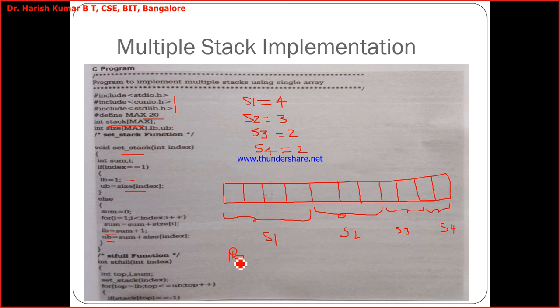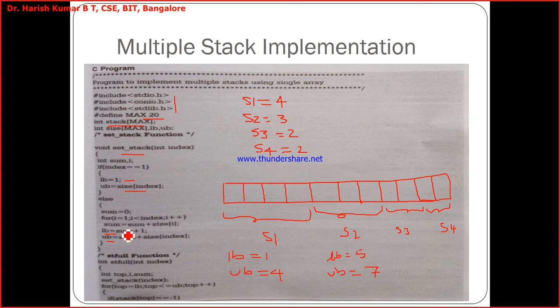LB for S1 is equal to 1, and UB, upper bound for S1, is equal to 1, 2, 3, 4, and similarly LB, lower bound for S2, is equal to 5, and upper bound for S2 is 5, 6, 7. So like this, similarly for S3 and S4.